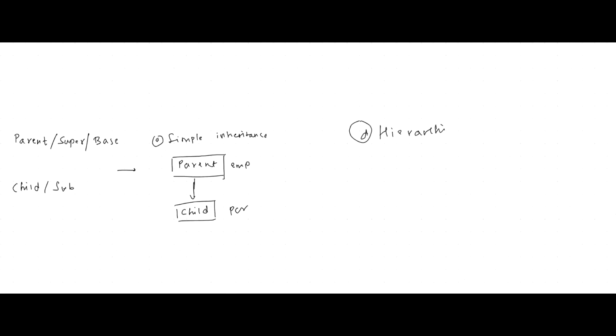In this case, you will have one parent, and what you can have is two children, child one and child two. Such a concept is called hierarchical inheritance.